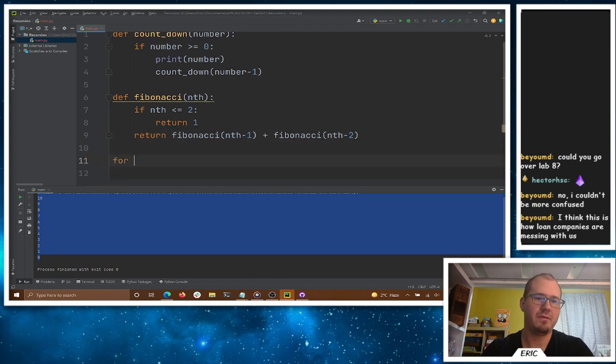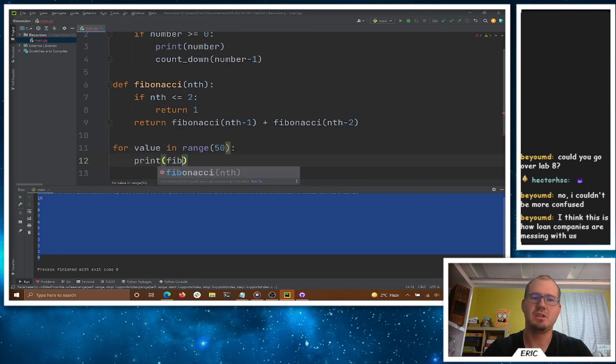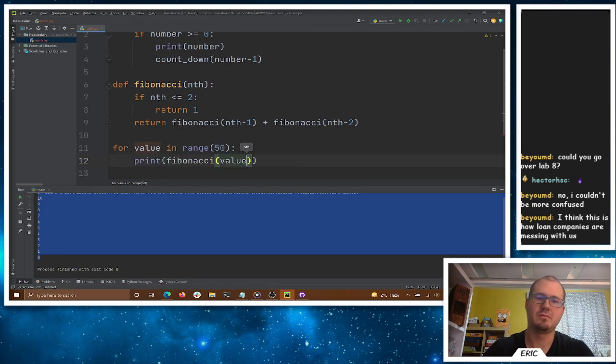So let's say for value in range, let's go, I think 50. Let's print Fibonacci of value. Right? So let's go get all the fib numbers.